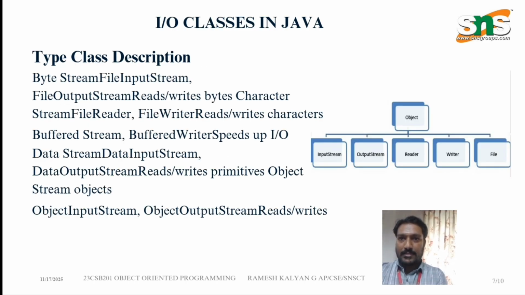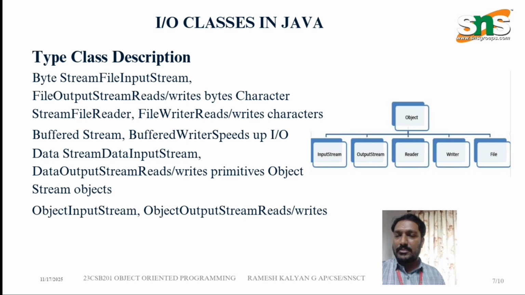So, IO classes in Java. The first one is type, class and description. For the byte stream, the classes are FileInputStream and FileOutputStream, which read or write bytes. Next is the character stream, FileReader and FileWriter, which read or write characters.